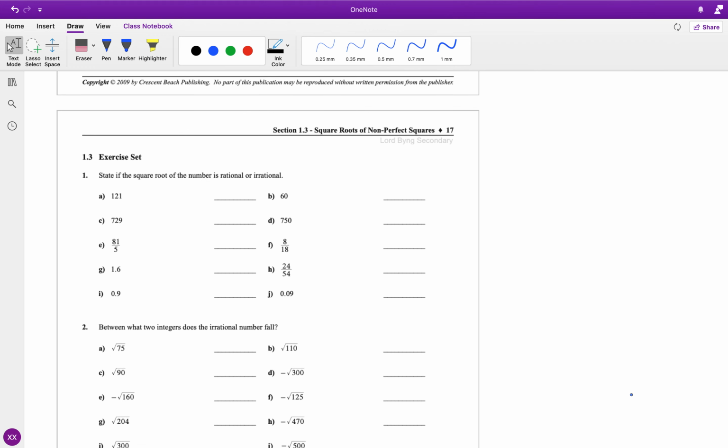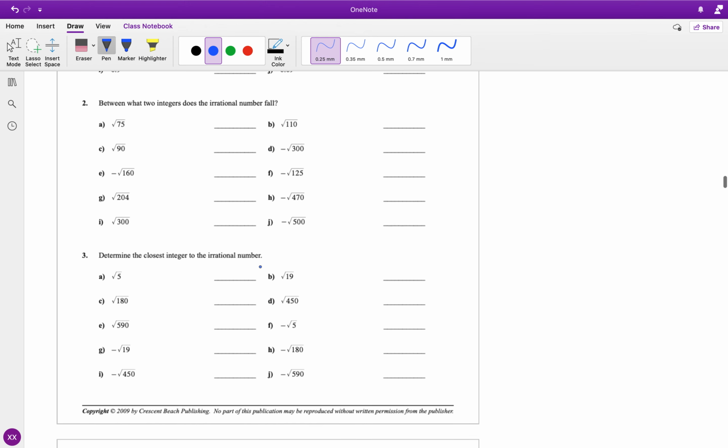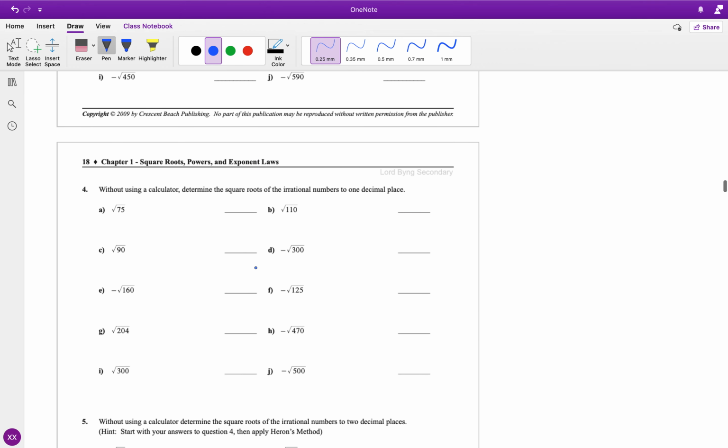Now take a look at the exercise set. For these numbers, you will be able to see the square root of them, whether it is a rational or irrational number. Irrational number means a non-repeating decimal, where the decimal goes on and on. You should be able to do these questions without too much of a problem. Here, without using a calculator, determine to 1 decimal place. This uses the method I just talked about.